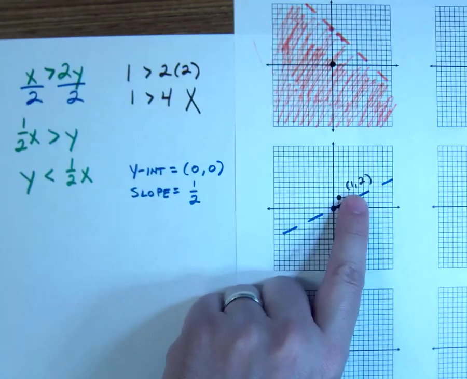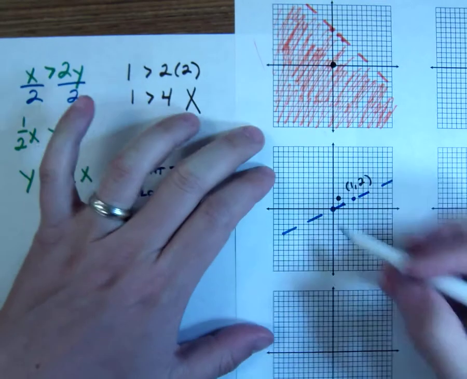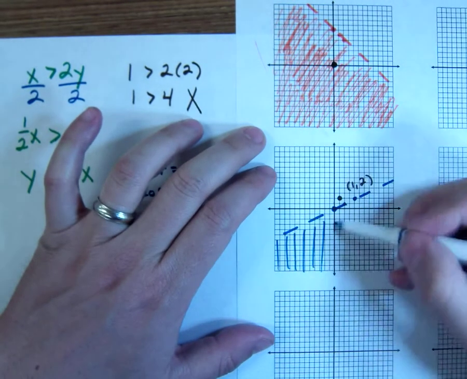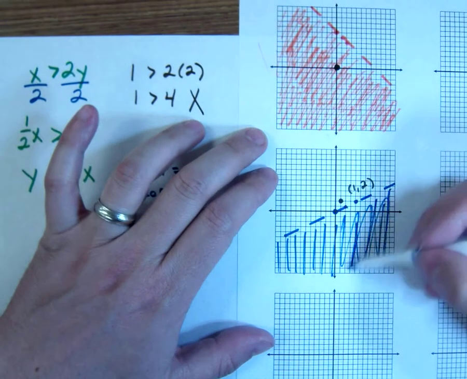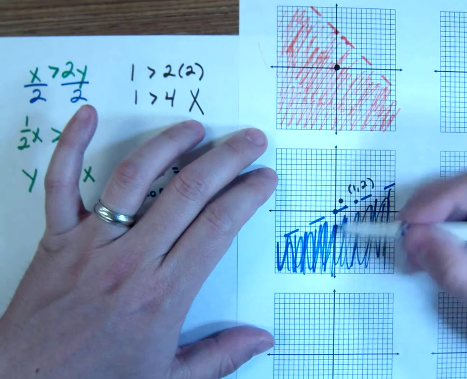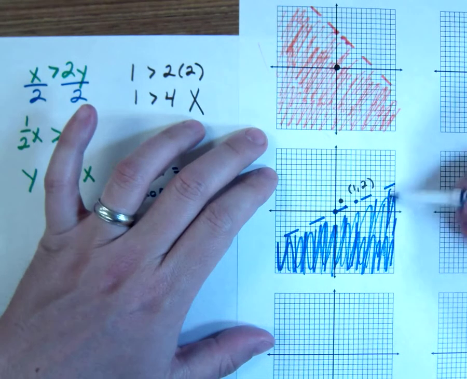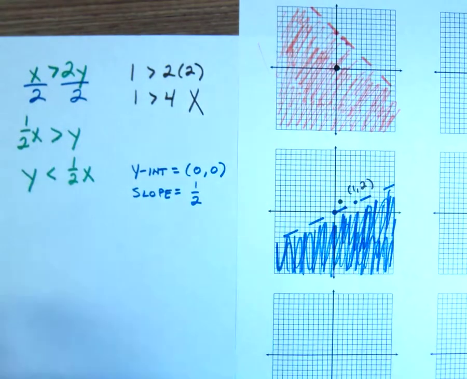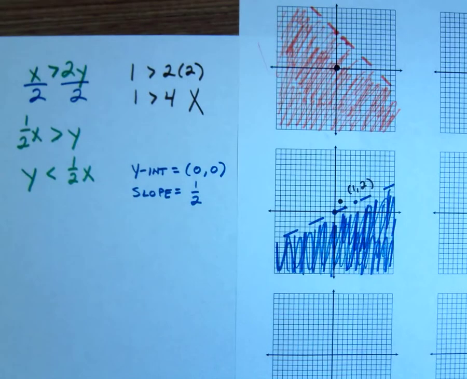I don't want to shade the side that has 1, 2 in it. I want to shade the other side. Okay?